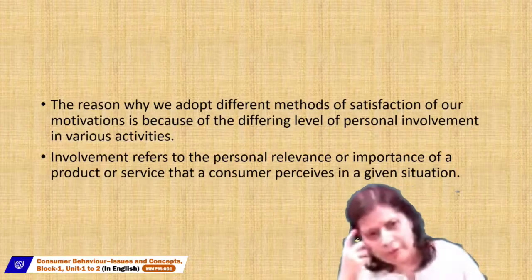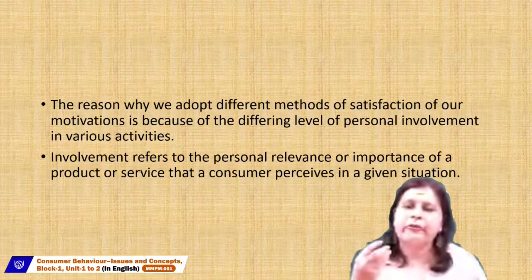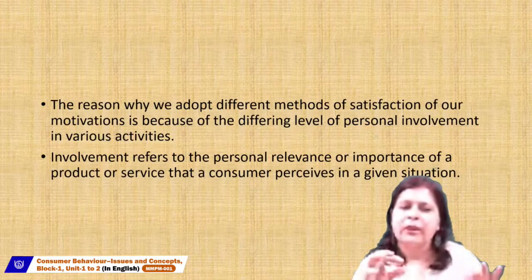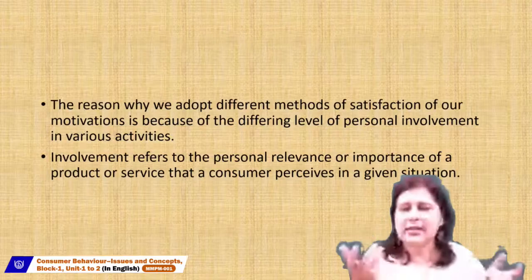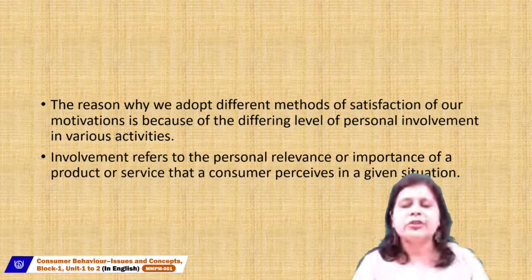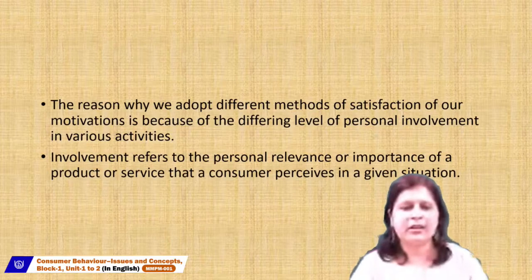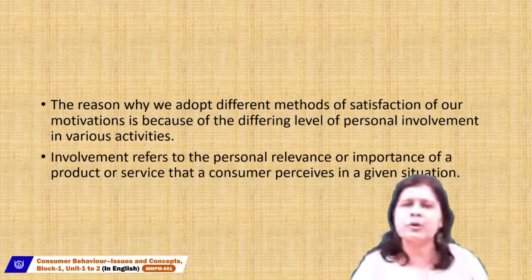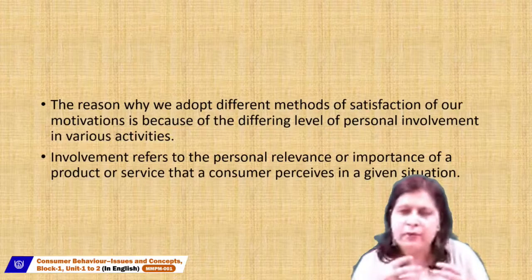Why do we adopt different methods of satisfaction? Because of the different levels of personal involvement in various activities. Few people are more involved in the activities while others are not. Involvement refers to the personal relevance or importance of a product or service that a consumer perceives in a given situation.